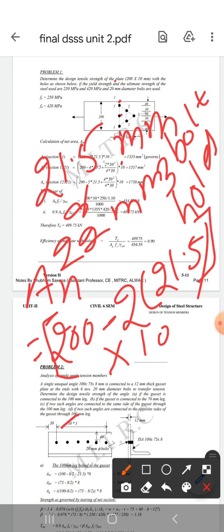After calculating, the area comes out to be 1355 mm square. Okay, so this is the first case.